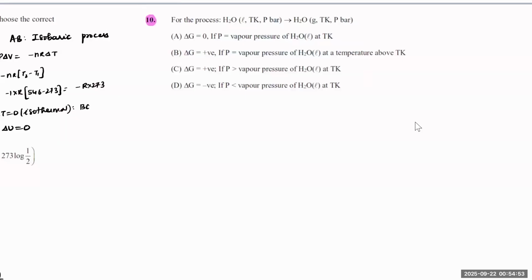Delta G will be 0 if the vapor pressure of H2O at T kelvins is given. Correct? So at this same temperature, if P bar is given and P is equal to the vapor pressure of H2O, then delta G will be equal to 0. Is this correct or not? That is what we need to check.